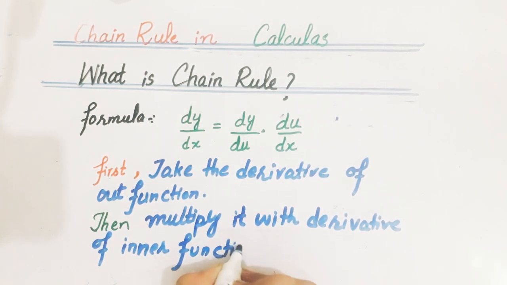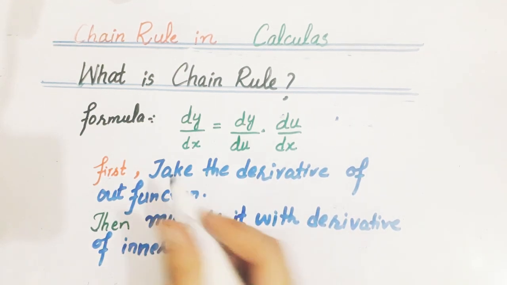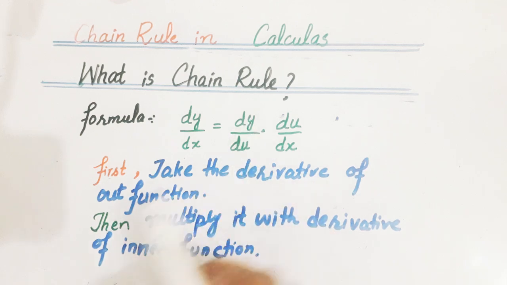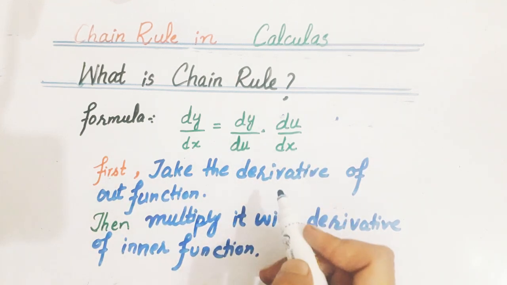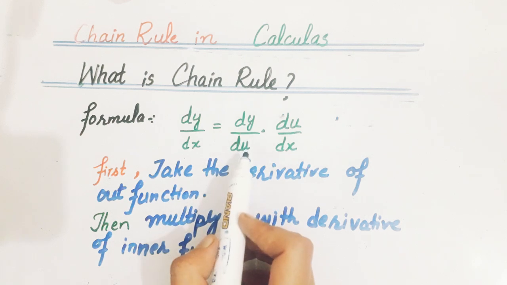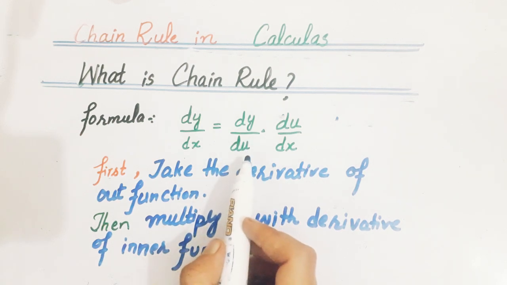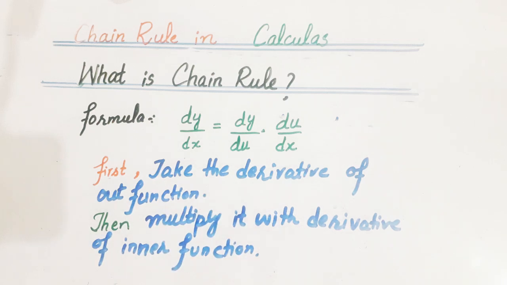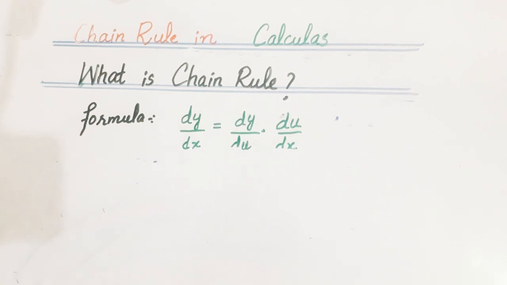So these are the two steps to solve the chain rule according to this formula: dy by dx equals dy by du times du by dx. So first take the derivative of the outer function with respect to u, and then multiply this by the derivative of the inner function. So we will solve this by example.